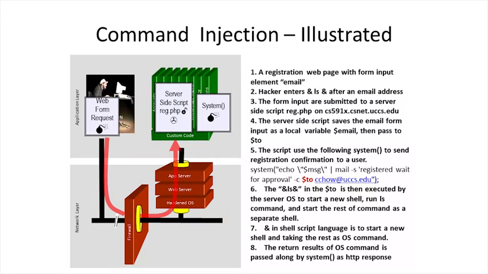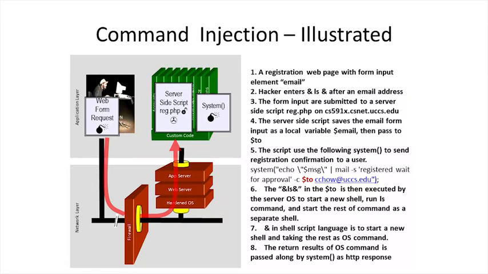The system function call includes echo messages, prepares them, and pipes them to a mail command that has a subject field registered, waits for approval, and with option -c sends a copy to the user described in the email inside the variable $to, and also gets a copy to the system method, in this case, cchild at UCCS.